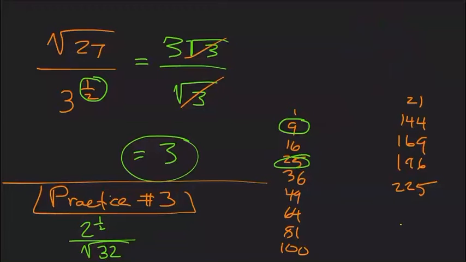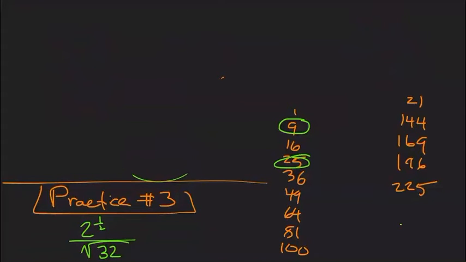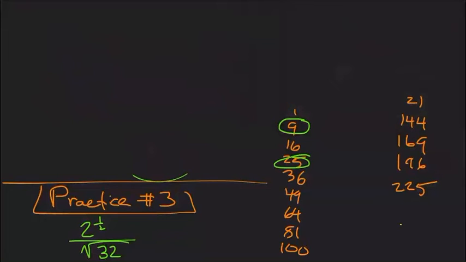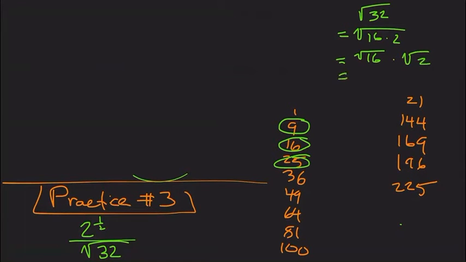All right, let's have a look. Let's start by simplifying this square root. Square root of 32. 32 is not one of our perfect squares, but it turns out that 16 can go into 32. So we'd rewrite this as square root 16 times 2. Break them apart. Square root of 16 is 4 because 4 times 4 is 16.